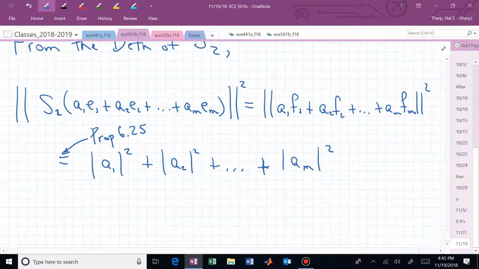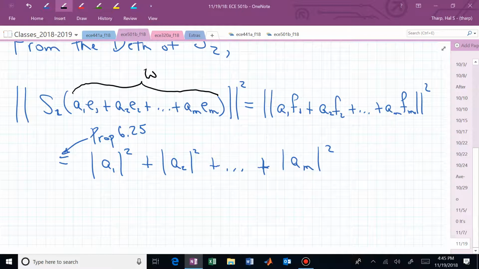But now, suppose I called this vector w. What can I say about the norm squared of w? It's exactly what I just wrote down, isn't it? Because it's a linear combination of orthonormal vectors. They're not the same as the f's, they're e's, but they're orthonormal and weighted the same.